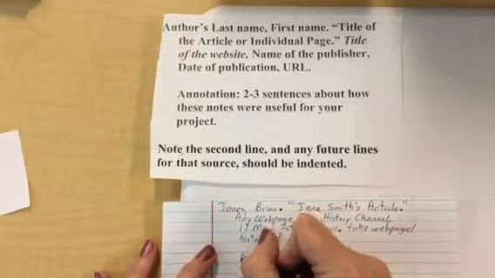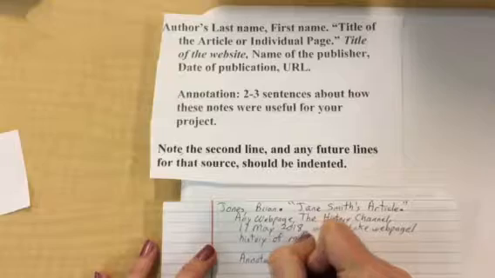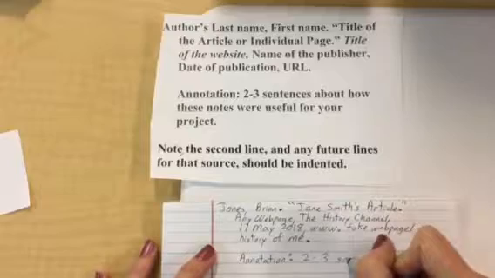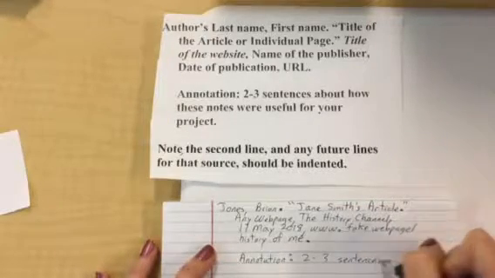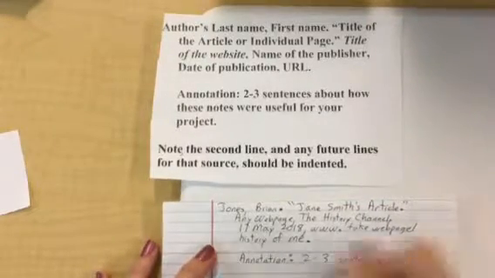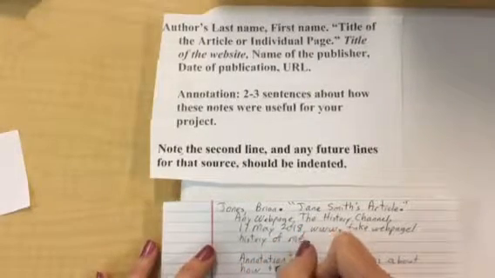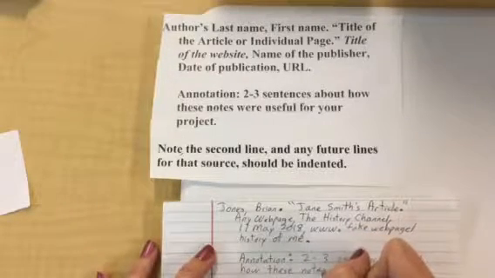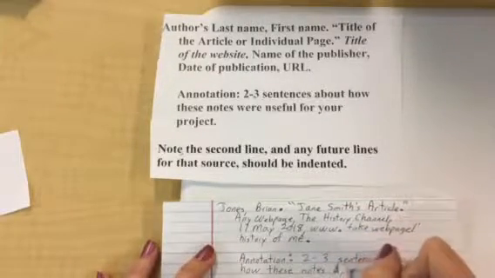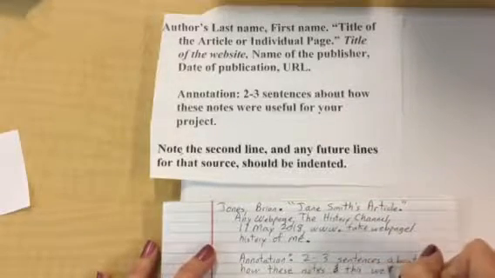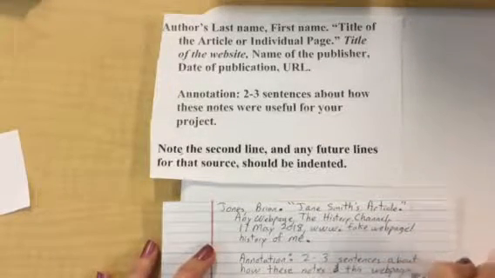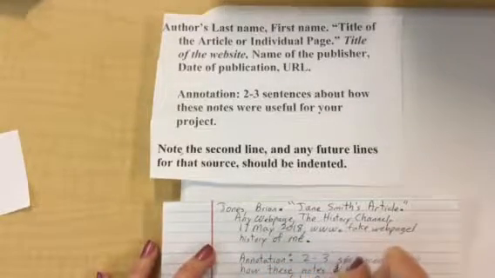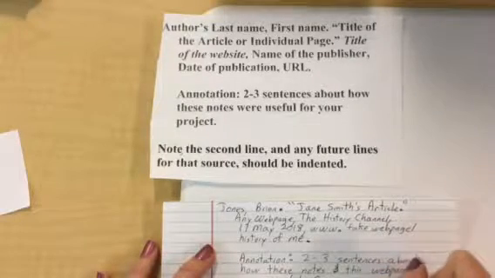So after your bibliography portion, you're going to write the word annotation, then you're going to put a colon, and you're going to give me two to three sentences about how these notes were useful, or how this web page was useful for your project.